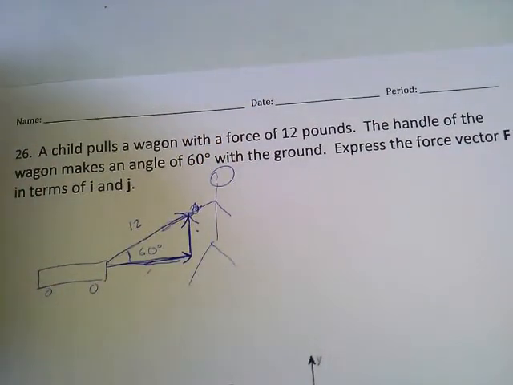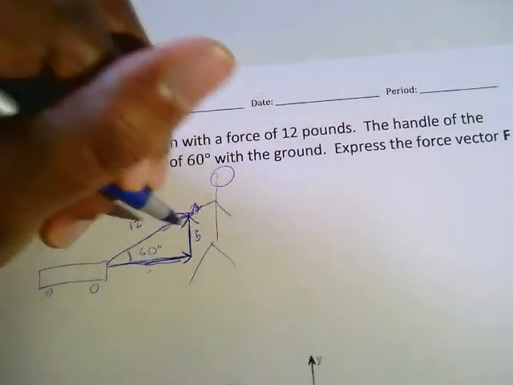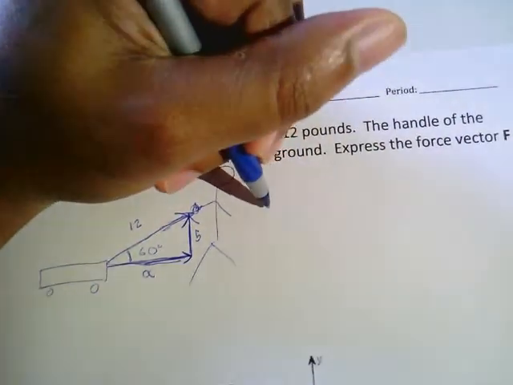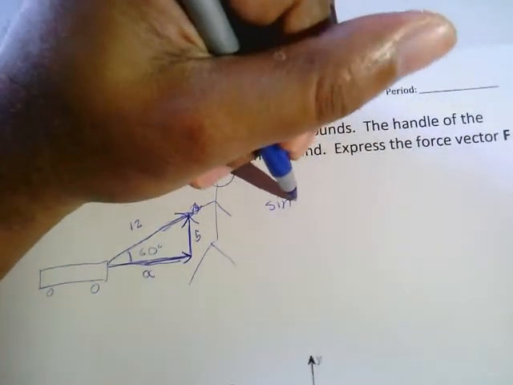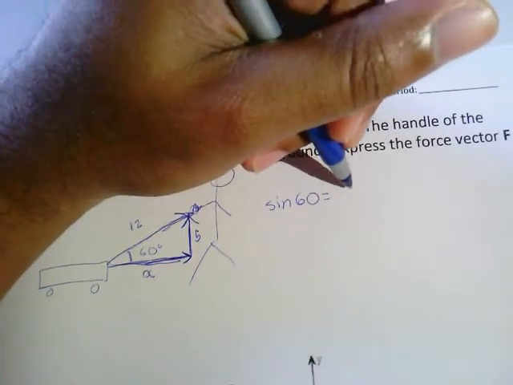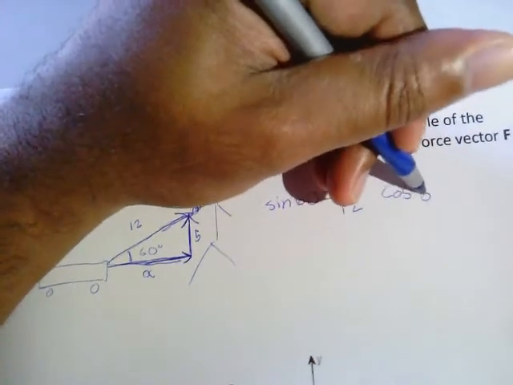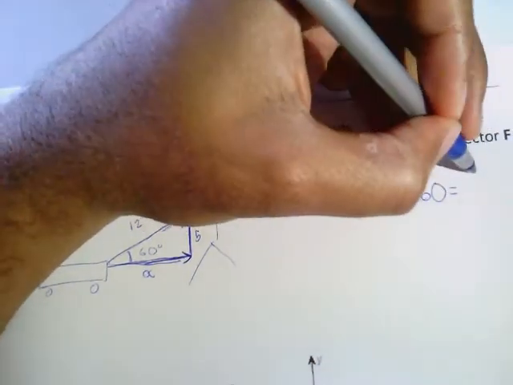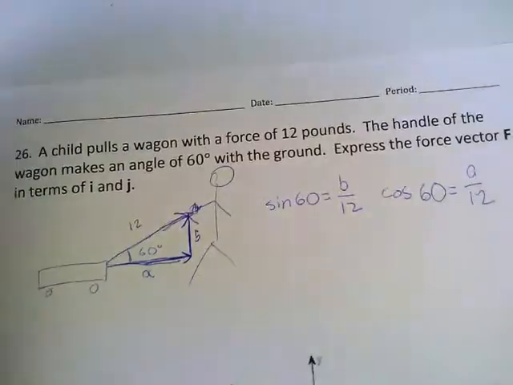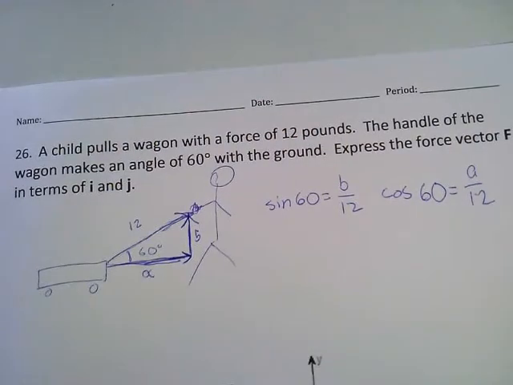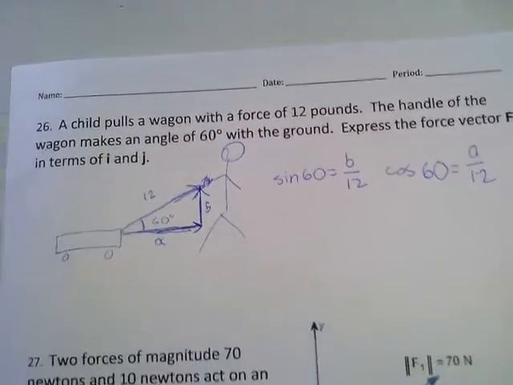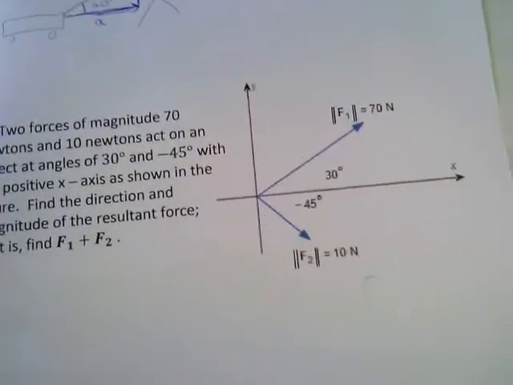So again, we'll just use sine and cosine. Here's B, here's A. Sine of 60 equals B over 12, and cosine of 60 equals A over 12. And then from there, we finish solving and we'll get our horizontal and vertical components.